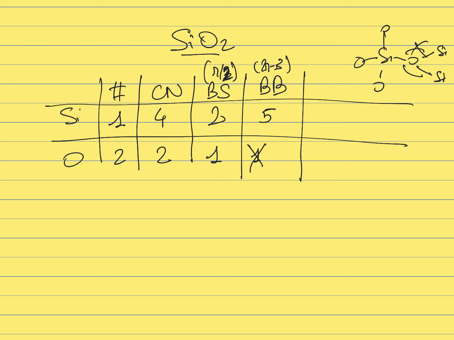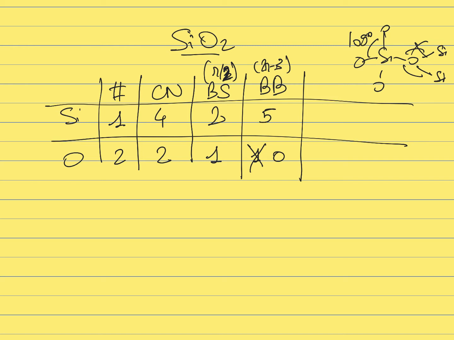This angle is not fixed. It can have a very wide range of possible values. The angle around the silicon is associated with a much higher energy, so this angle remains fixed. It's going to be close to 109 degrees, but the angle around the oxygen is not fixed. So in this case, it is not counted.